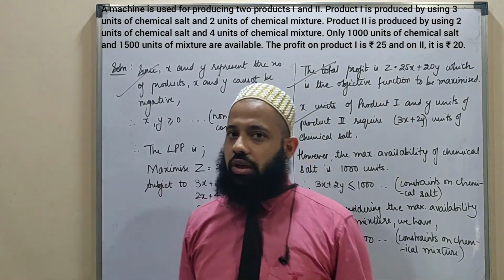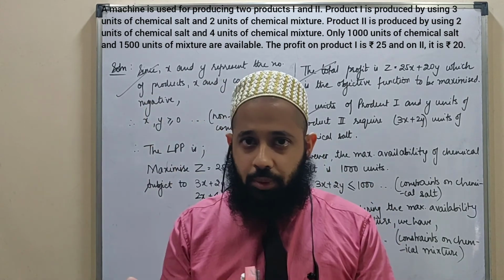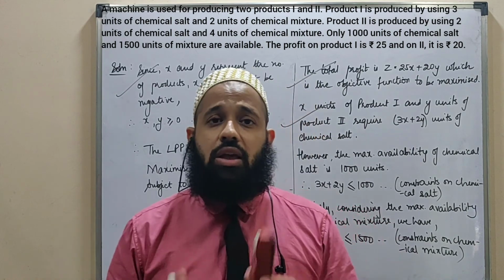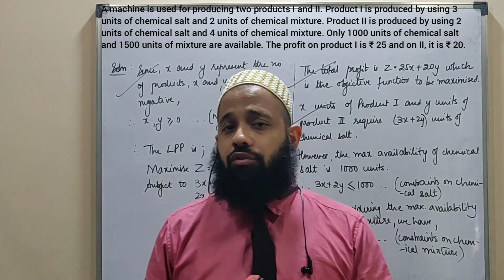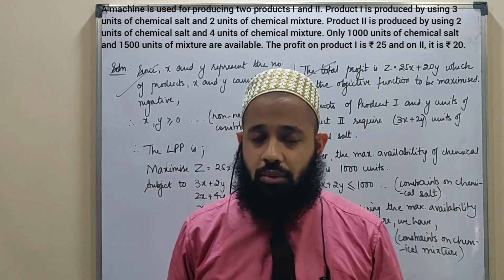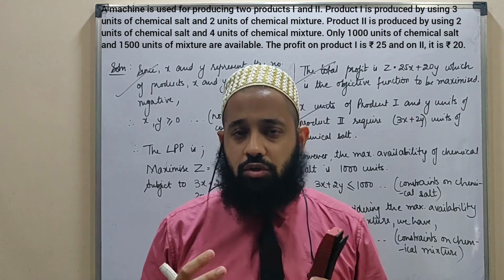We have taken first of all an example where we are doing the formulation of LPP, conversion from word problem to the LPP. We have followed the six-step process exactly. Next, we identified that the data is always quite stirred up in the sum. So not all sums will be the same. You have to pick up the data from different parts of the question.